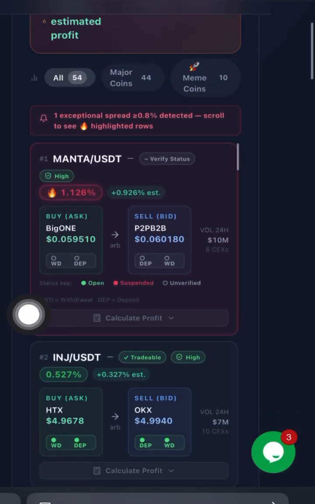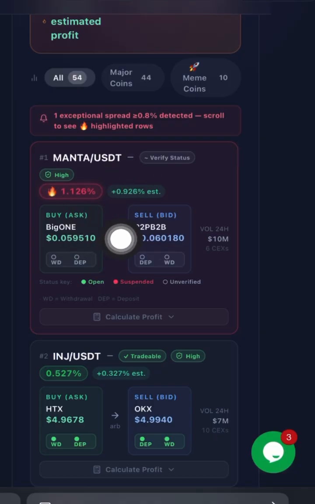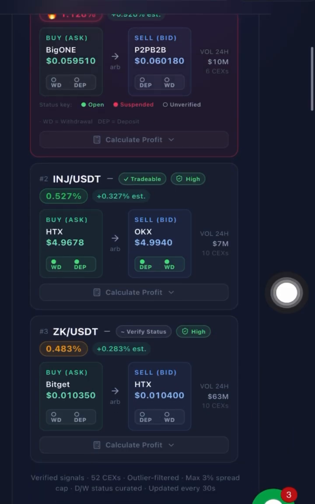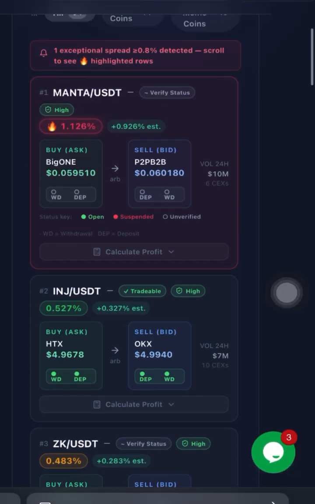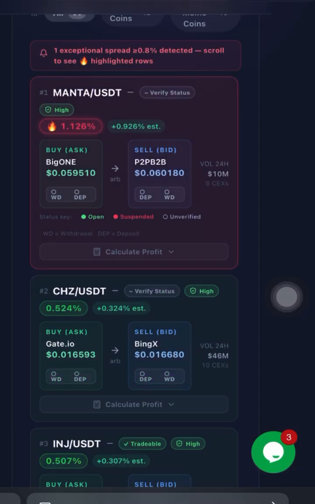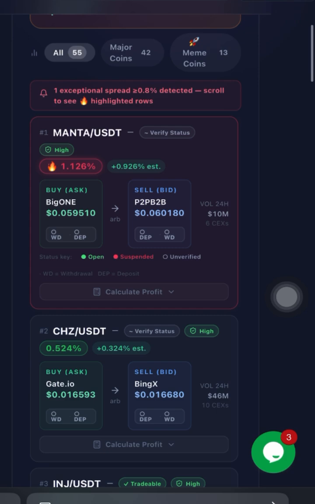You can see this Manta USDT, after everything, is 0.92% as the estimate, and it's very good. That is why you can say it's on fire. So you have to know these things.